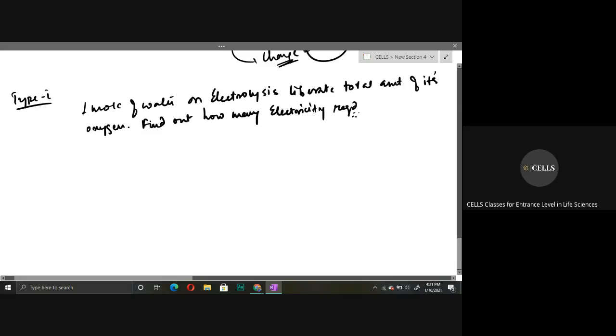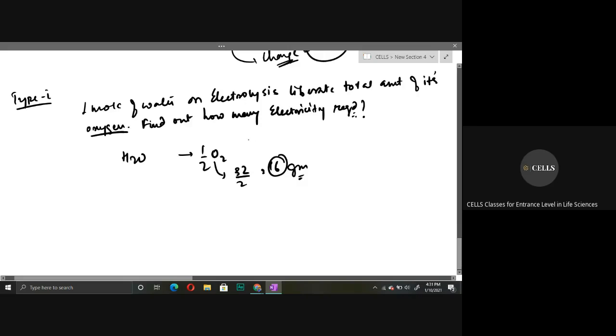So how will you do it? See this very carefully. I will give you some examples so that you will easily understand. From H2O, you are getting total oxygen. Total amount of oxygen is being released. So half O2 you are getting. Simple. So half O2 means half of 32, that is 16 gram.